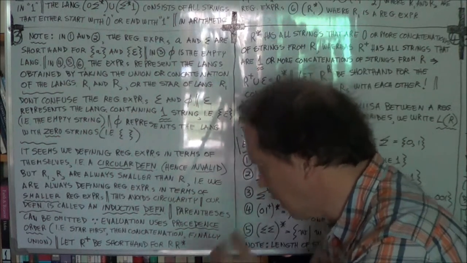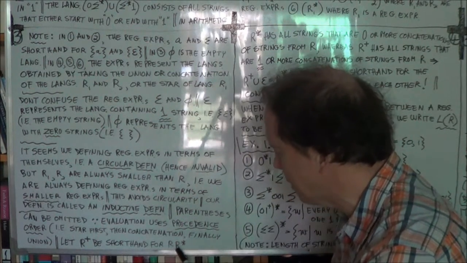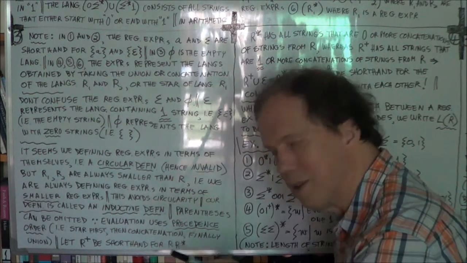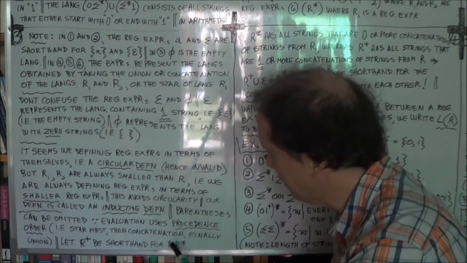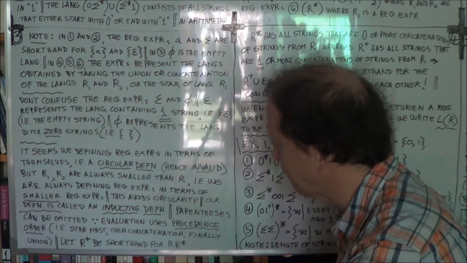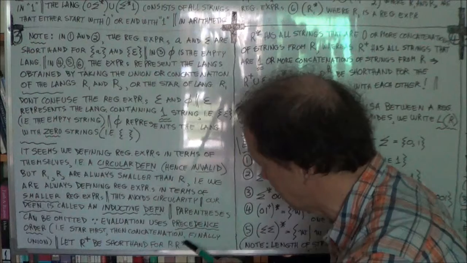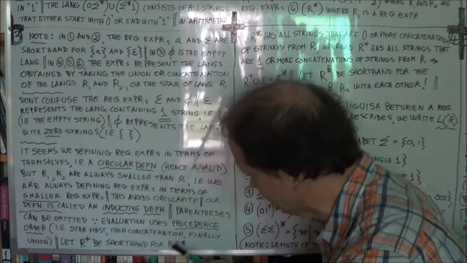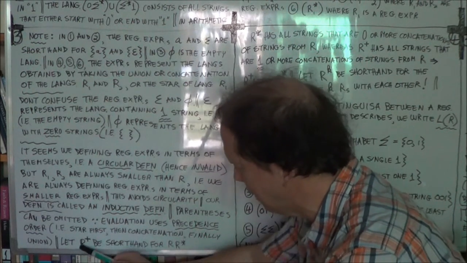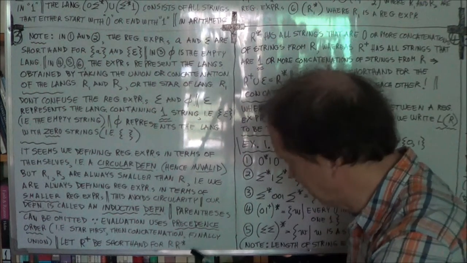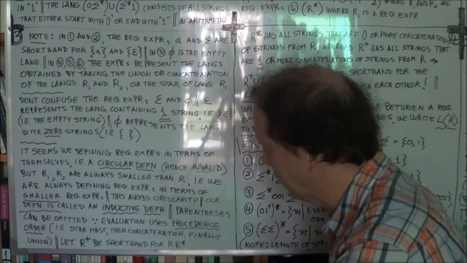And it is shorthand for R concatenated R star. Now, if you see this, it's defined as this. So R plus is defined as R concatenated with R star.